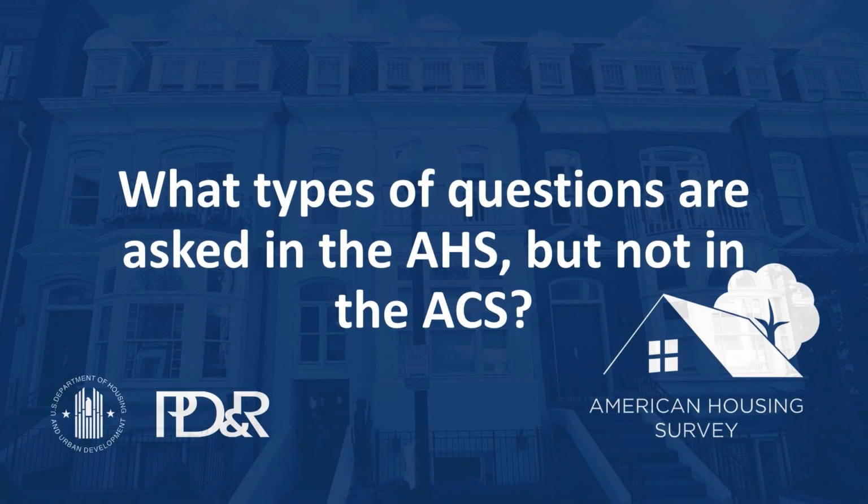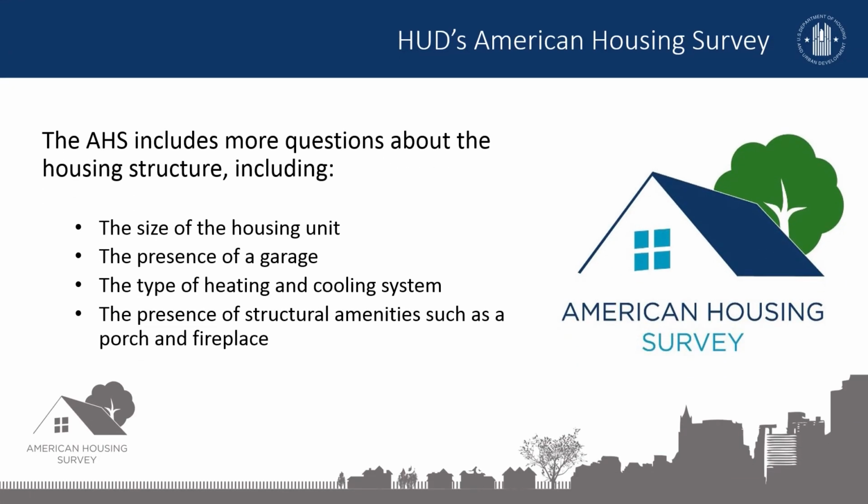Now, let's take a closer look at some of the kinds of questions that are asked in the AHS that are not included in the ACS. Users will find many types of questions in the AHS that are not asked in the ACS. For instance, the AHS includes more questions about the housing structure, including the size of the housing unit, the presence of a garage, the type of heating and cooling system, and the presence of structural amenities such as a porch and fireplace.